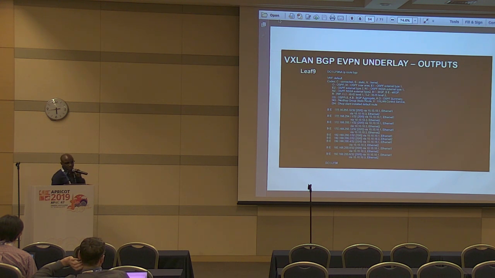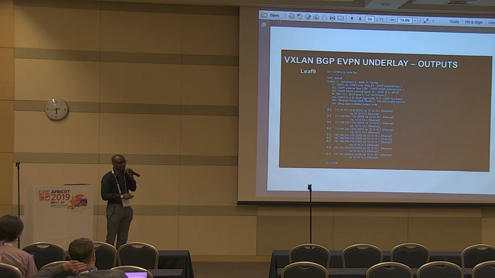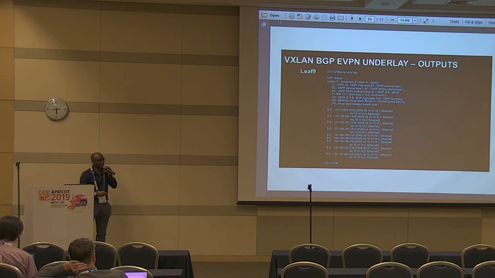Show ip bgp routes for the underlay verification. Again, these are just the loopback addresses I've injected into the underlay to enable me to establish EVPN BGP in the overlay.